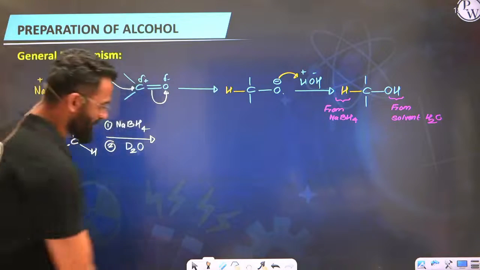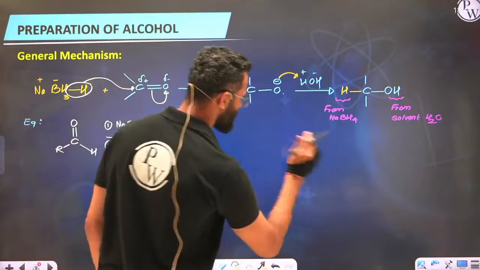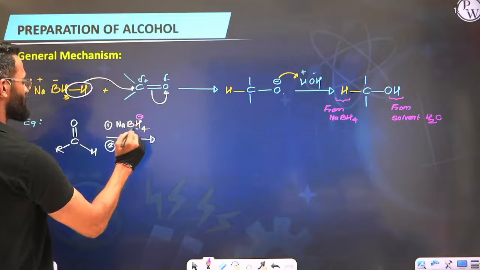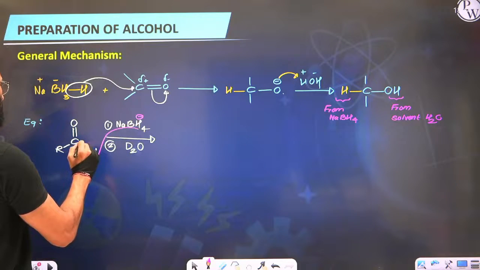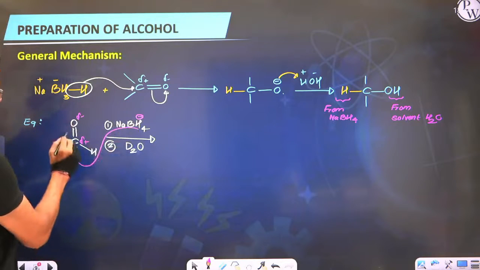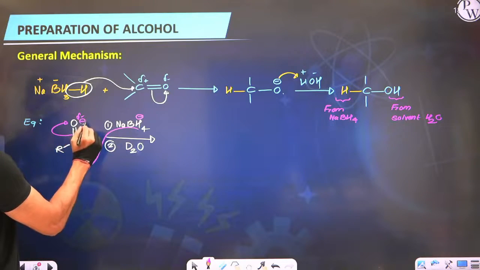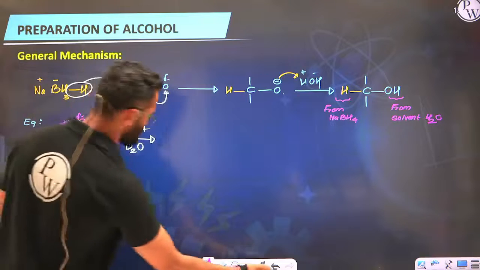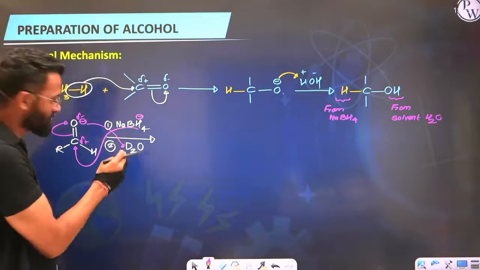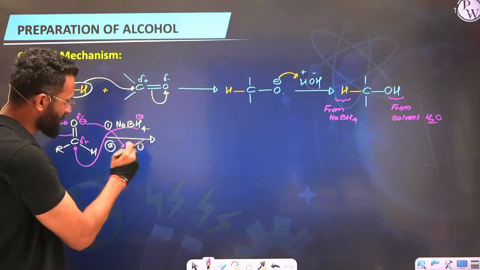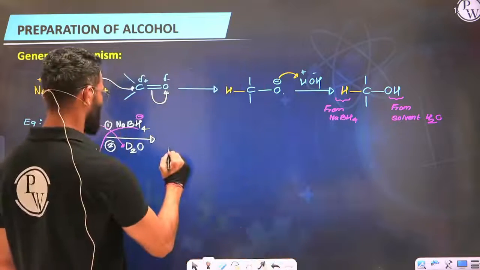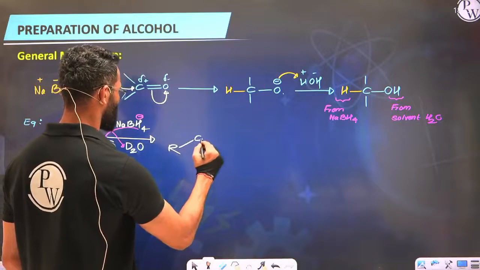Well guys, avoiding the detailed mechanism, borohydride being a hydride donor, it is the one which is going to attack at the deficient carbon, because this is delta plus and this was delta minus. When hydride attacks here, the pi bond will break to make it anionic. Now this O minus is going to accept H plus from the solvent. So from DOD, like HOH, D plus will be accepted by oxygen. So the product obtained would be RCH.